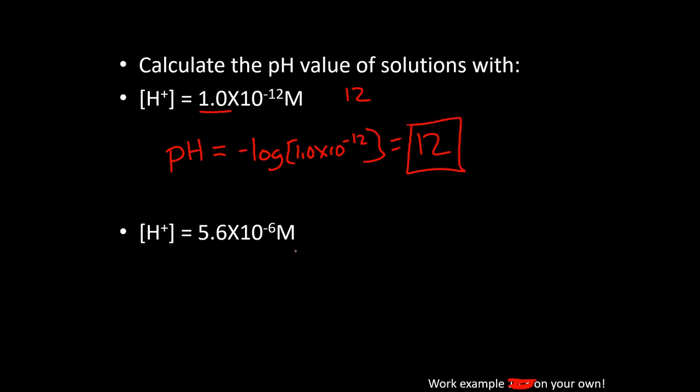So then the next one here, 5.6 times 10 to the negative 6. I cannot do that in my head, but I believe it'll be something around 5.5, something like that. Let's see if I'm right. So the pH is going to be negative log of 5.6 times 10 to the negative 6.